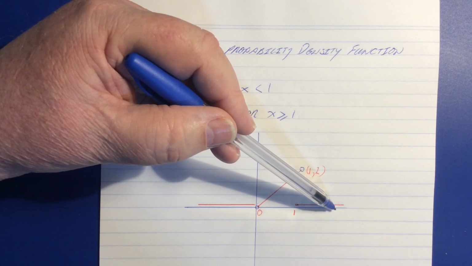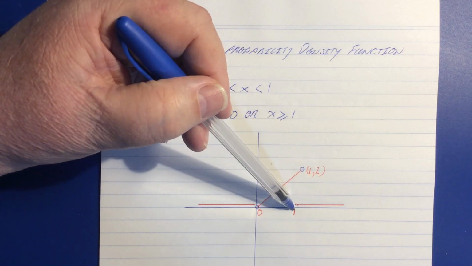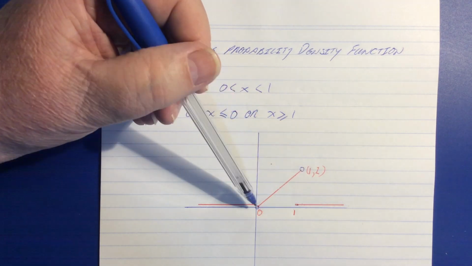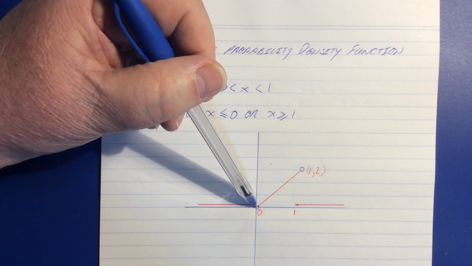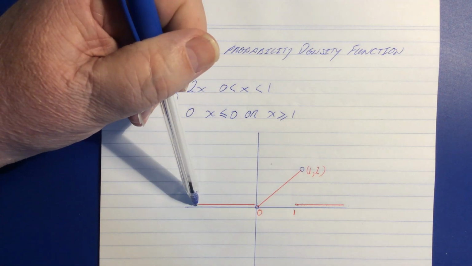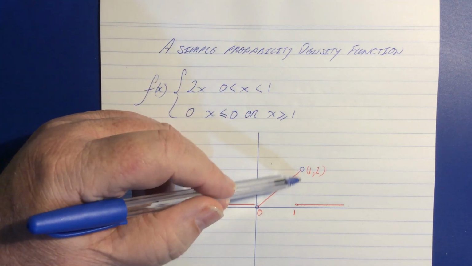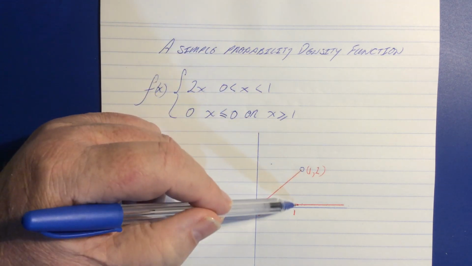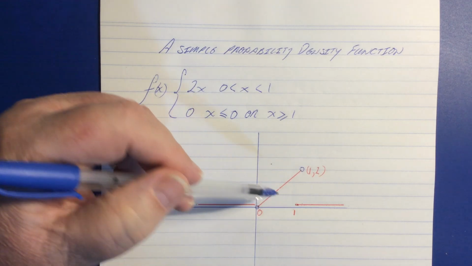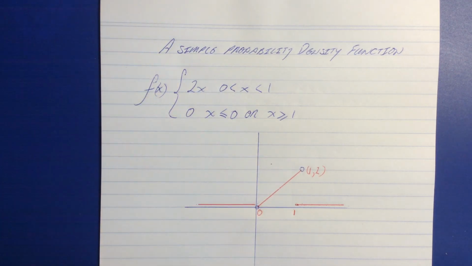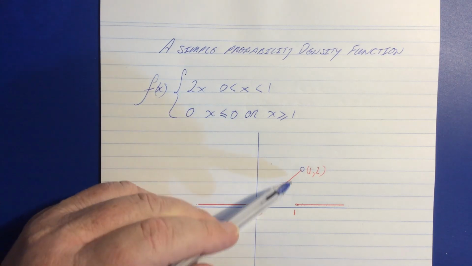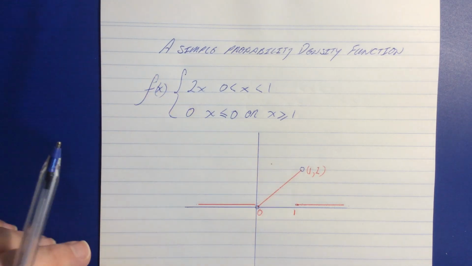The function is equal to 0 at 1 and beyond, and it's equal to 0 at 0 and beyond. So really the only area that exists is under this line here between 0 and 1. And this is our probability density function. The whole thing is, but this is the area that we're concerned with.